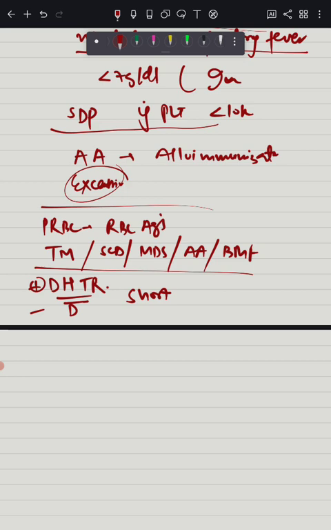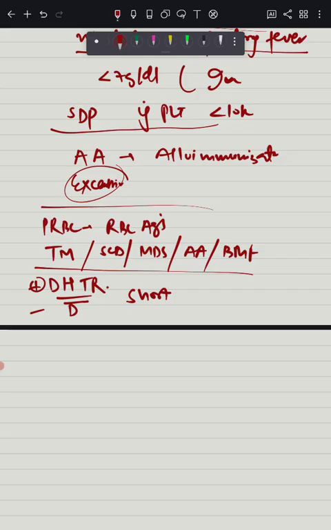HB doesn't rise as expected. It also creates risk in future pregnancies. For women, some RBC antibodies can cross the placenta, leading to hemolytic disease of the fetus or newborn. So why do we avoid excessive transfusion? Because every transfusion is a potential antigen exposure, and each exposure increases the chance of alloimmunization.